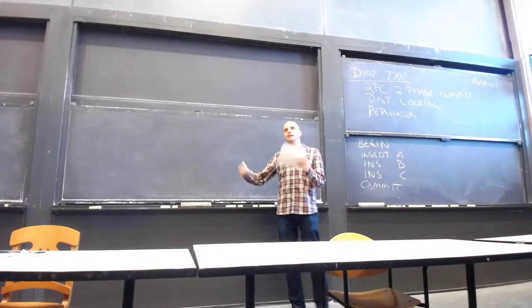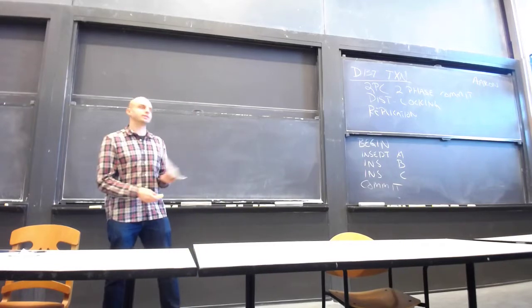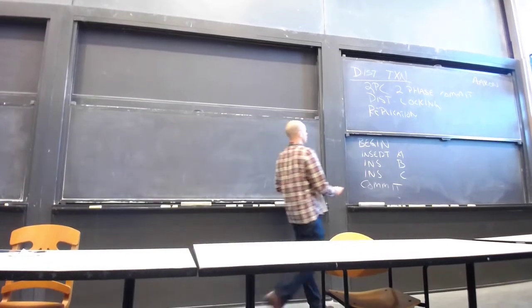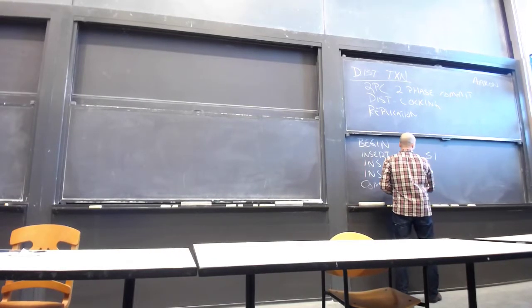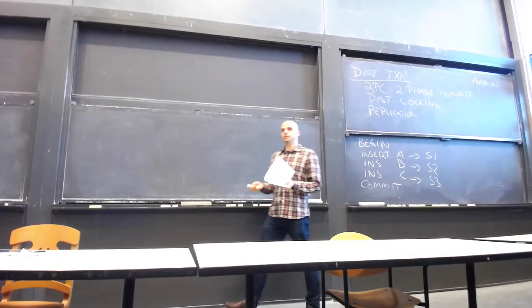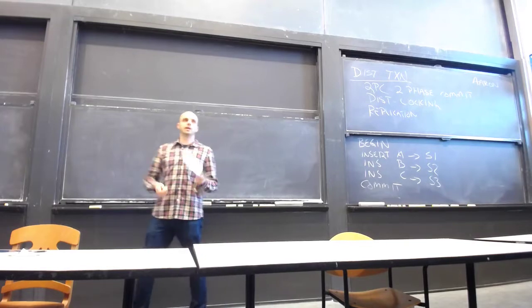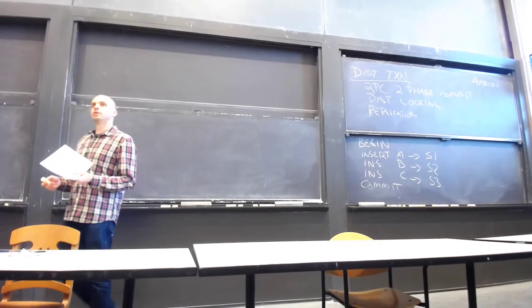We want all of our ACID properties: atomic, consistent, isolated, and durable. Well, we had this partitioned database. These inserts might actually go to physically different servers. The insert of A might go to site 1, B might go to site 2, C might go to site 3.